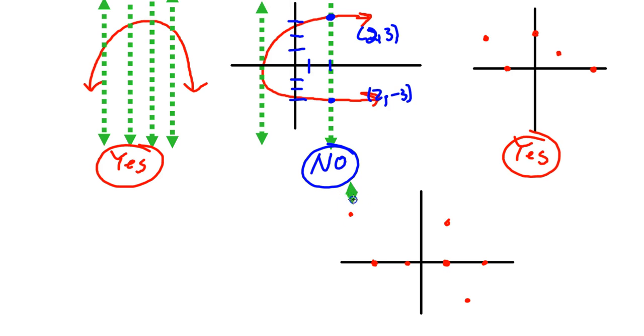Draw a vertical line here through this point, it only hits it one time, it's good to go. Draw one here, same thing, hits it one time, it's good to go. That one's okay. But when you draw this one, it hits 2 points. Because you hit those 2 points, that one's a no. It doesn't matter about all the other points out there, but if you can draw any vertical line that hits 2 or more points, it's not going to be a function. No matter how they draw the line, no matter what they do with it.